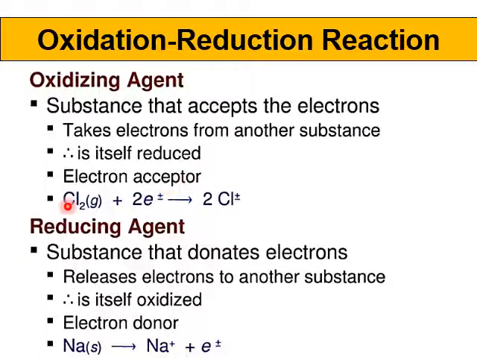For example, Cl2 just now undergoes reduction, so it is accepting electrons, and it is known as the oxidizing agent. The vice versa is for the reducing agent. It is the substance that donates electrons, releasing electrons to another substance, and itself is oxidized. For example, just now we have sodium. Sodium has been oxidized to Na+, where it donates the electrons, so it itself is the electron donor.